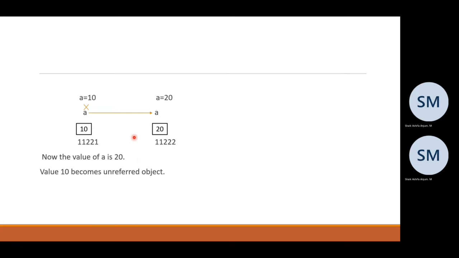Let's see another example. If a equals to 10, then a is tagged to this value 10, which is in the address 11221. If you assign 20 to a, then a is not tagged to the value 10 anymore, and now a is tagged to this value 20, which is in the location 11222.